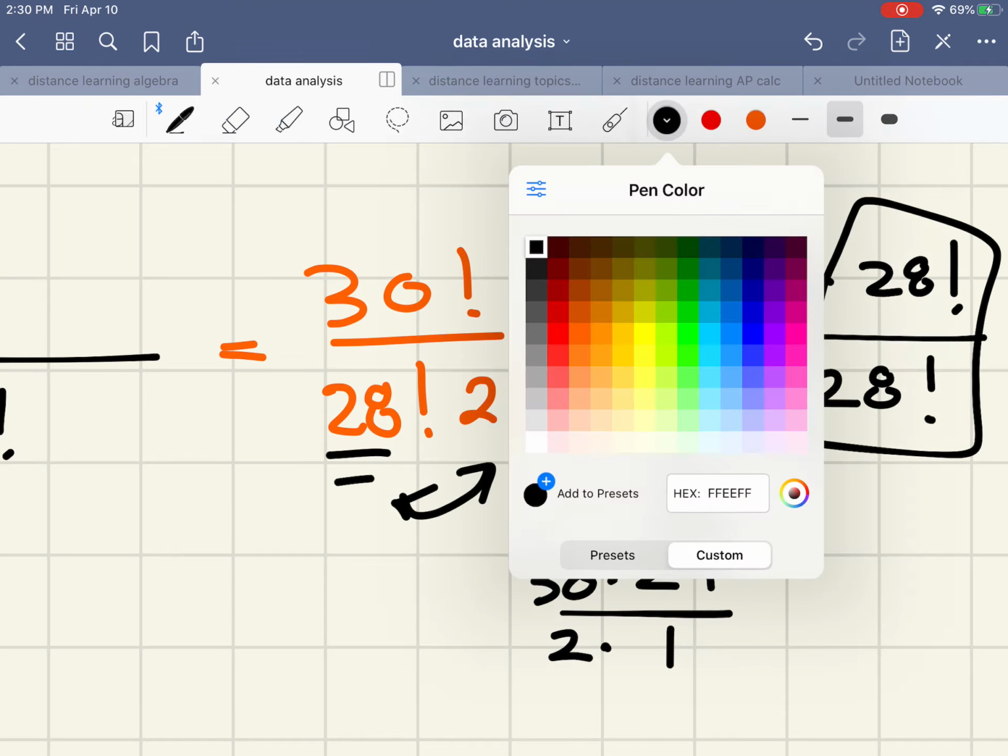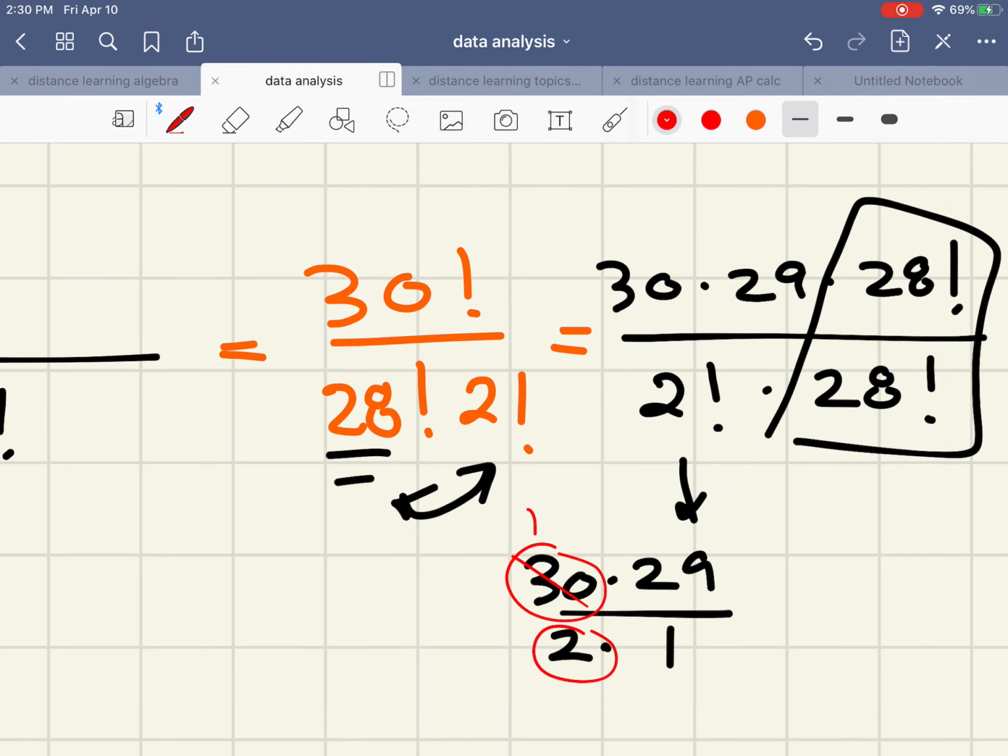So that all of those just magically go away. We have 30 times 29 over 2 times 1. Again, reducing just a little bit more, 2 goes into 30 15 times.